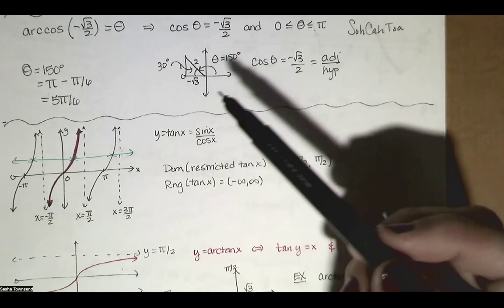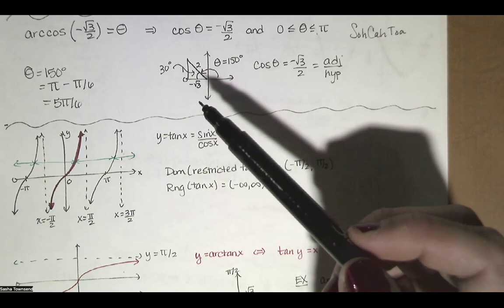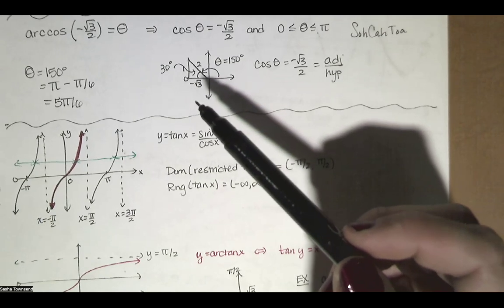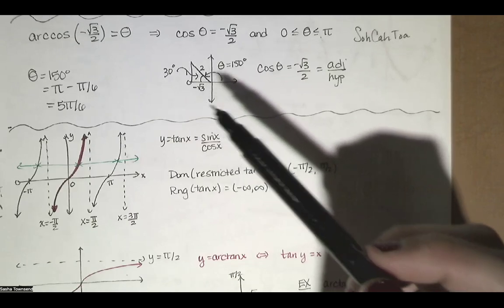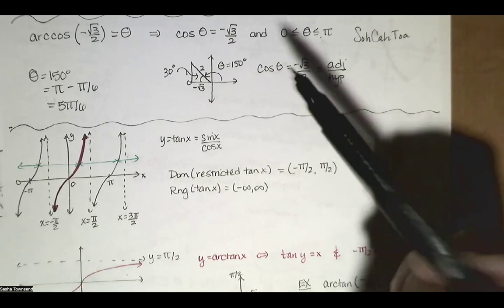Ooh, I wonder, with cotangent, do we choose the same restriction? I don't think we do. I bet we use 0 to pi for cotangent, but I'm not 100% sure. I bet it's 0 to pi. I need to check the book and make sure.